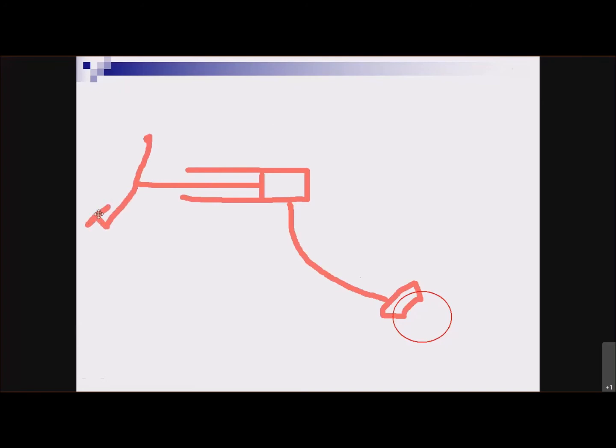And so when you stomp on the brake pedal, the piston moves forward in the cylinder and forces brake fluid out to the caliper. I know it's a bad drawing. And of course, there's a reservoir here.